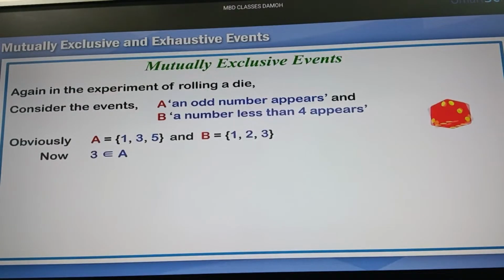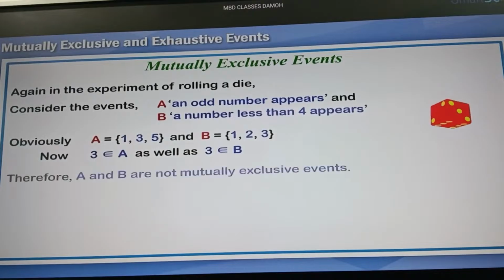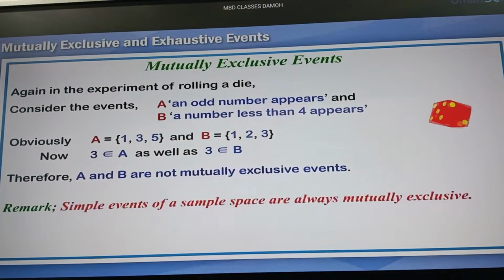Now, 3 belongs to A as well as 3 belongs to B. Therefore, event A and event B are not mutually exclusive events. Before moving any further, an important remark: simple events of a sample space are always mutually exclusive.